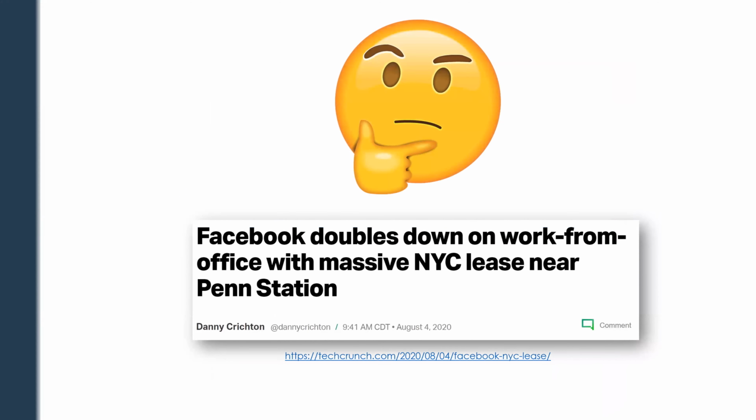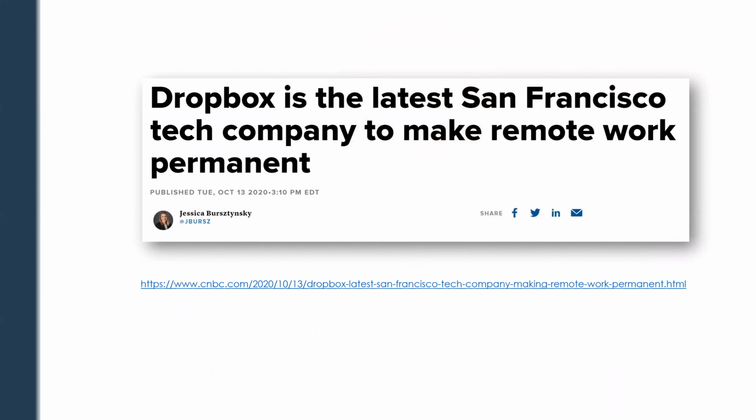And then by August, Facebook doubles down on work from office with a massive New York City lease. So they're definitely not planning to go remote immediately, obviously. Dropbox is another one. It's not the largest company, but it's one of the ones that maybe is showing what the future will look like.